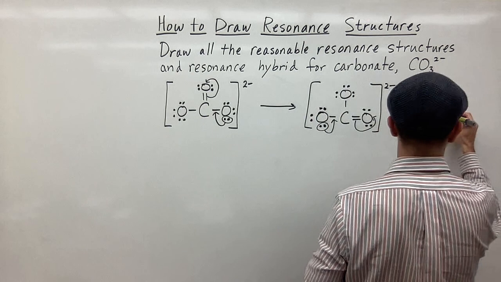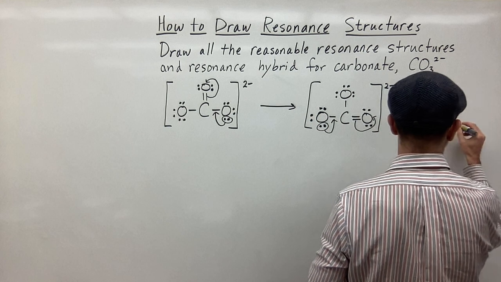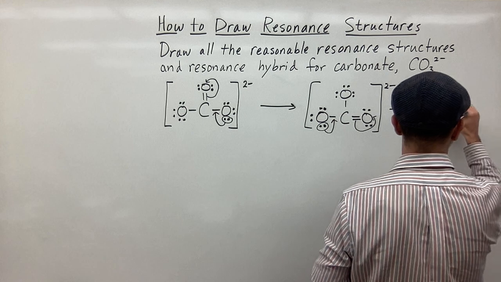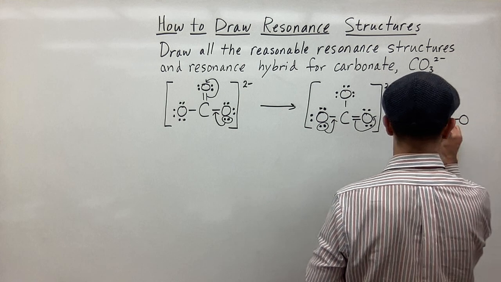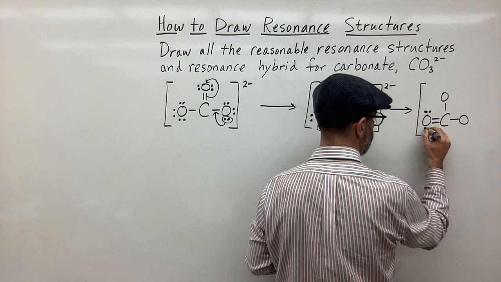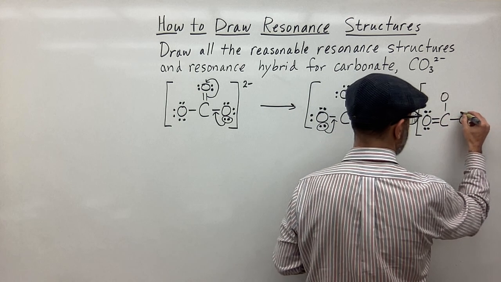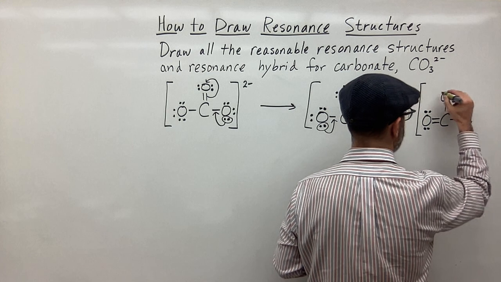And so when you do that, you're going to have another possible Lewis dot structure. If I draw this, it'll be carbon, oxygen, oxygen, oxygen. And then you've got the double bond there with 2 lone pairs, and on the others you're going to have the 3 lone pairs again.